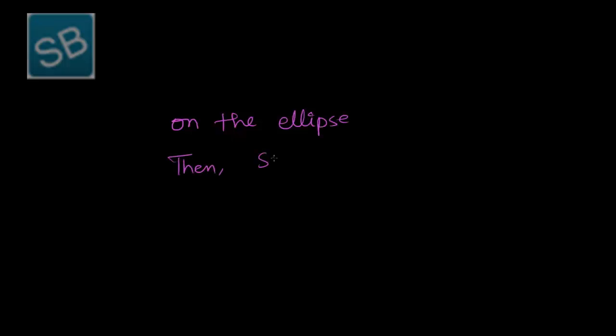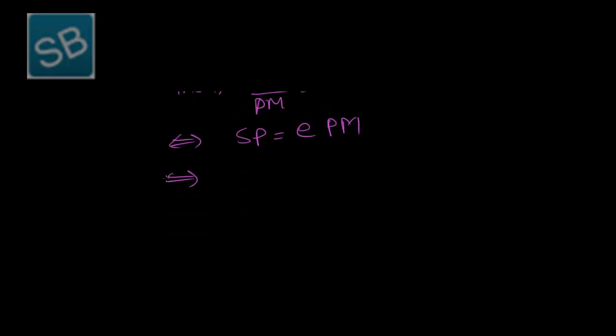Then SP over PM is equal to e, if and only if SP is equal to e times PM, if and only if SP square is equal to e square PM square, where PM means the distance of P(x, y) from the line L and SP is the distance between S and P.